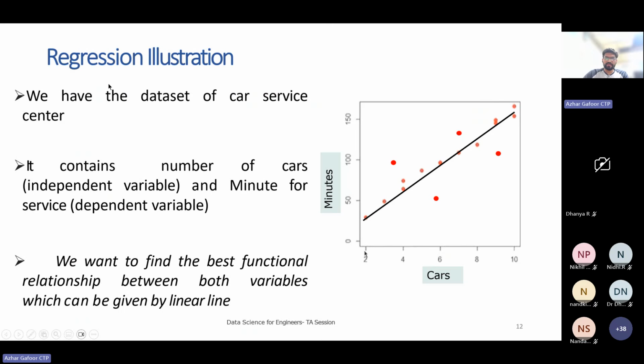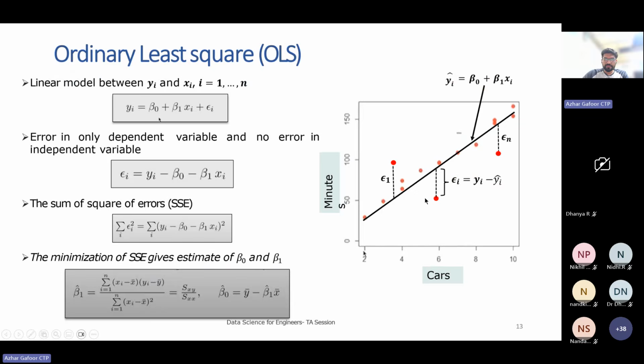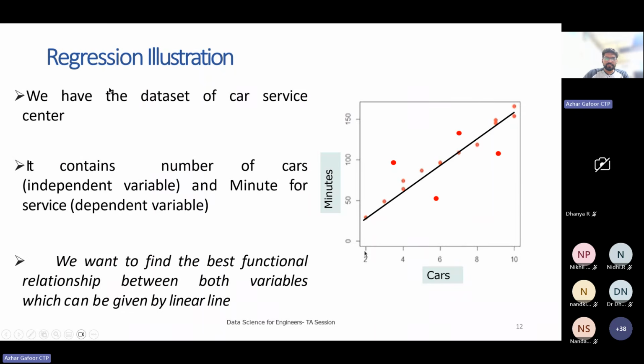So here we have the regression illustration. Let's say we have a data set of a car service center. These are the cars and minutes. It contains the number of cars, which is the independent variable, and minutes for service.